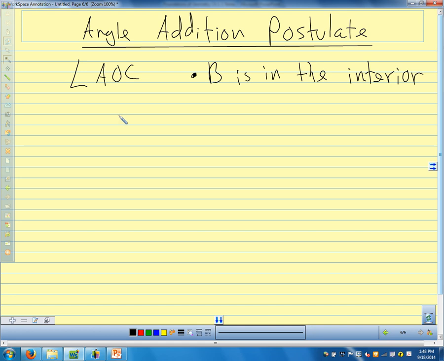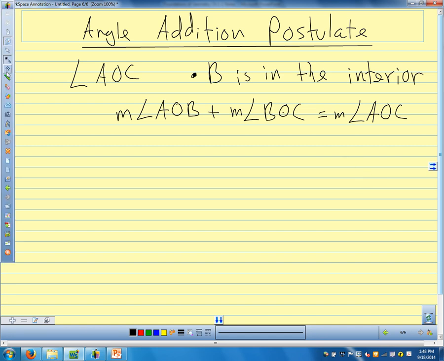What the angle addition postulate tells us is the measure of angle AOB plus the measure of angle BOC equals the measure of angle AOC. So let's draw a picture, see what this is telling us.